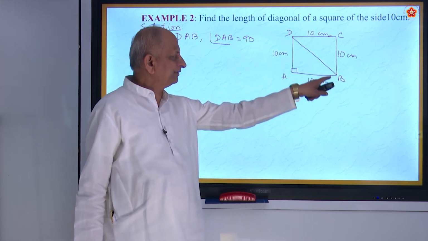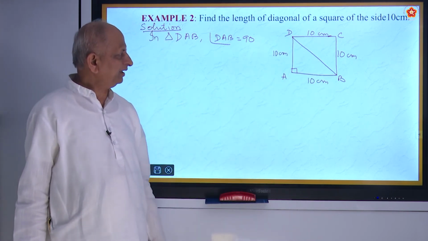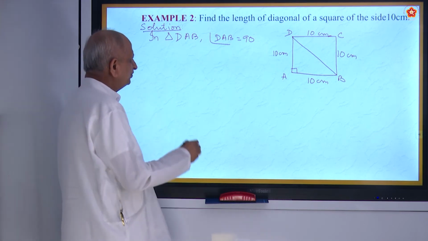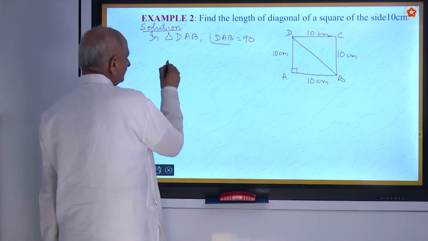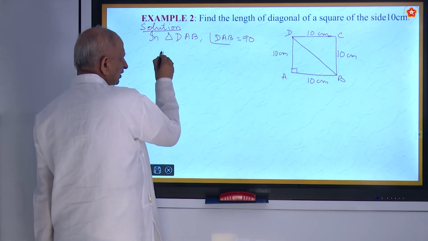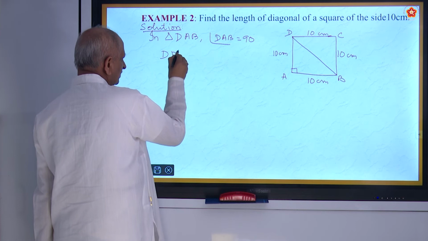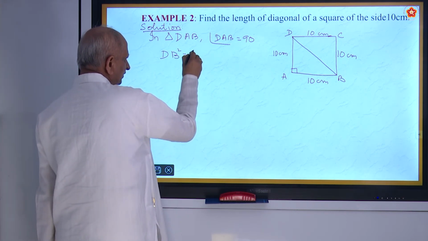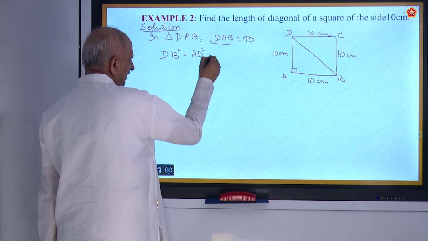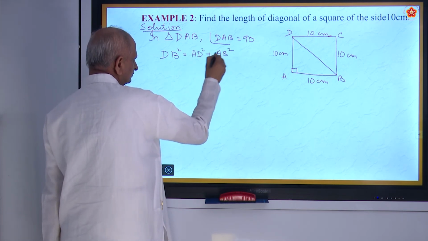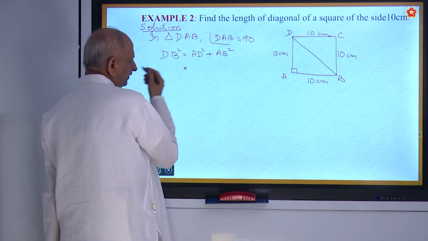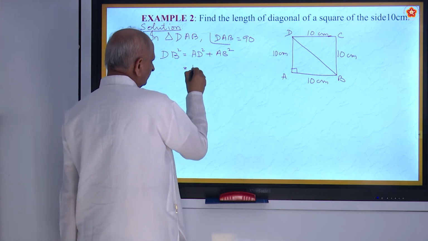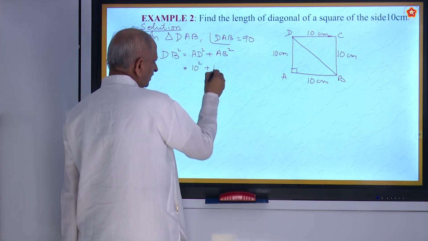Now what is the DB called? DB is called the diagonal, is it not? So you are asked to find the length of the diagonal. So how to find it? DB square is equal to, by Pythagoras theorem, AD square plus AB square. AD is 10, AB is 10.